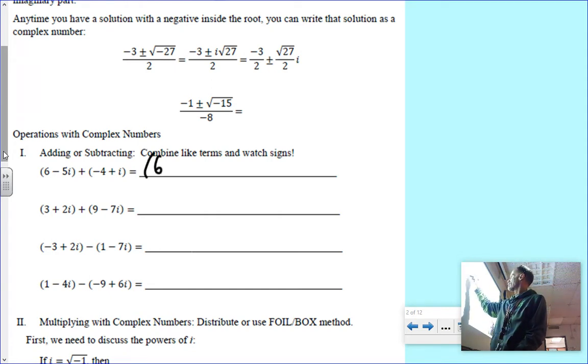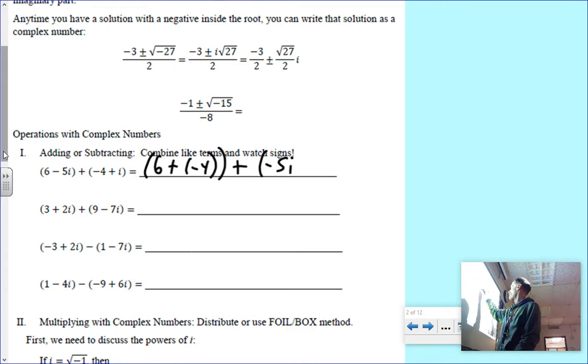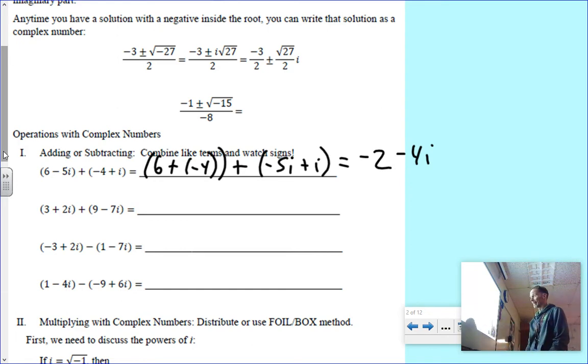So we can combine the 6 and the -4, and then combine the i's, -5i plus i, and then work out what that is. So 6 plus -4 is -2, -5i plus i is -4i, and that is your final answer. Again, if you're more comfortable doing one step and eyeballing it, that's totally okay too.